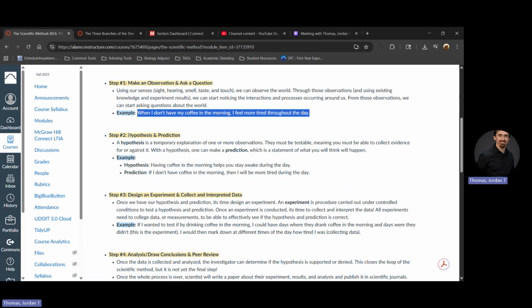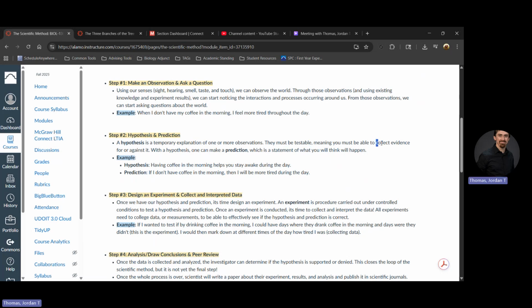With that observation and with that question, now we go into our hypothesis and prediction. A hypothesis is a temporary explanation of one or more observations. So it's a temporary way of explaining what's going on in the world around us. A hypothesis must be testable. You must be able to test if a hypothesis is true or not.